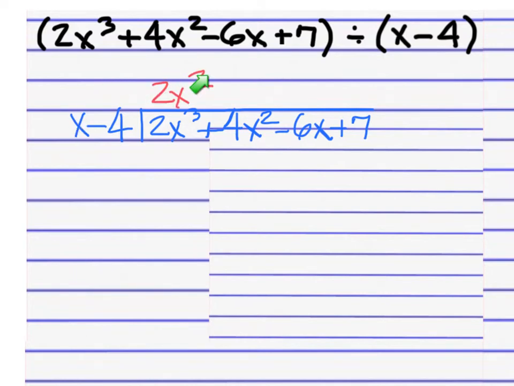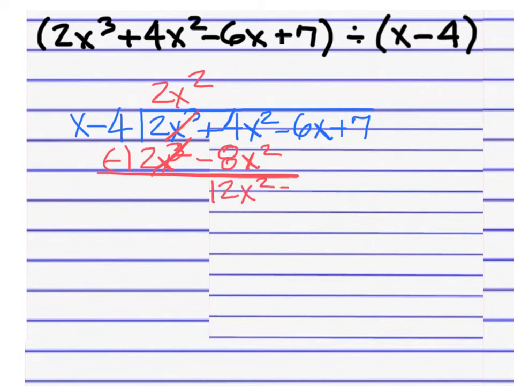Multiply 2x squared by x and by negative 4 to come up with 2x to the third, I should say, minus 8x squared. Subtract, cancel. 4 minus a negative 8 is 12, so 12x squared, and drop the minus 6x.